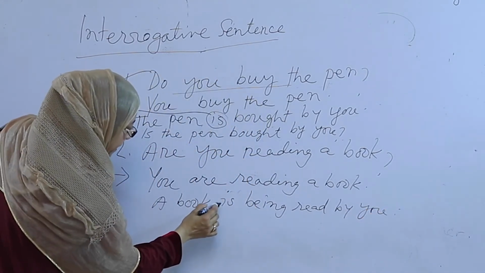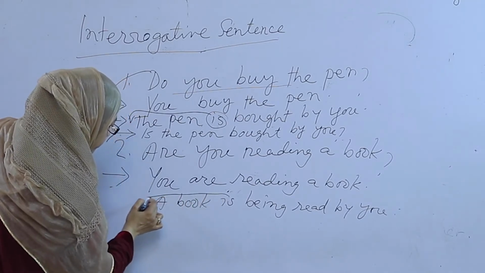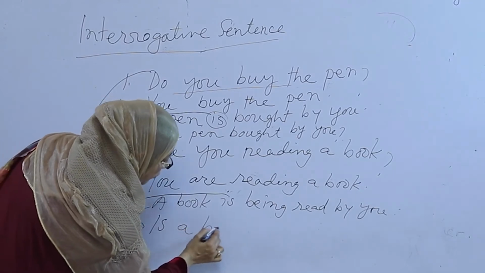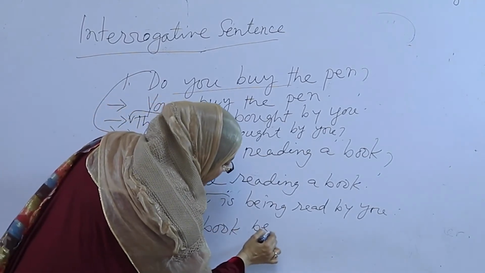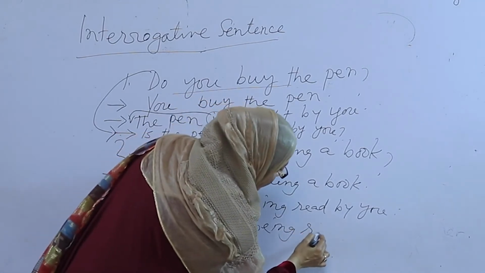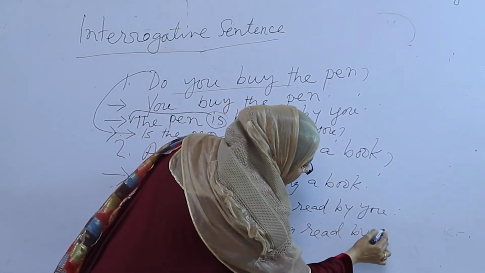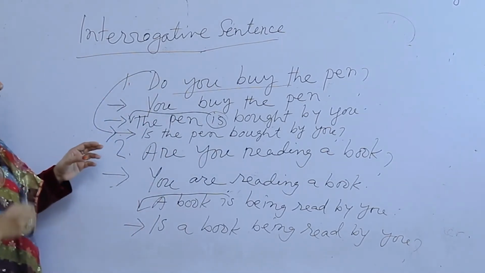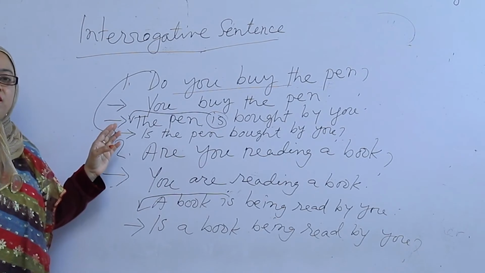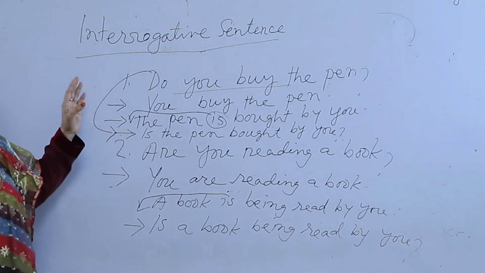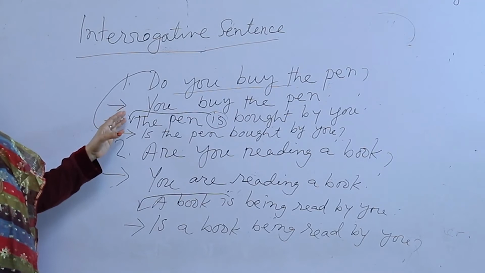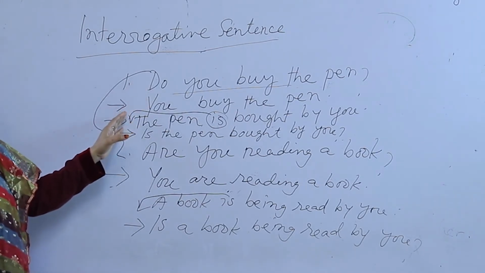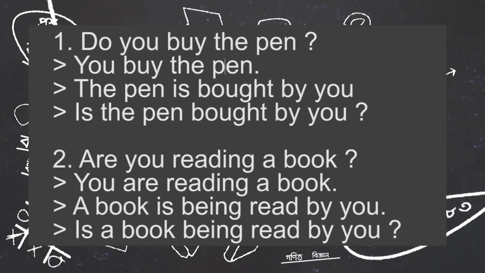And when I turn it into passive, I only put the verb in front of the sentence. Is a book being read by you? So, if you want to change an interrogative sentence from active to passive, it is very easy for you. If you turn the sentence into an assertive one, then you can turn it into passive.